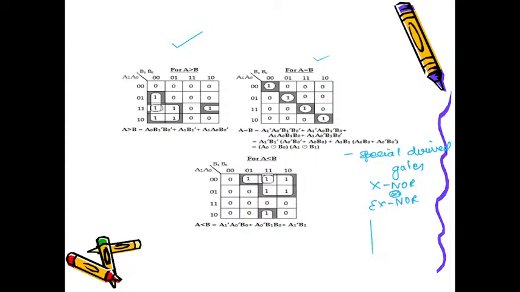You know the truth table of the XNOR. When the two inputs are 0 0, 0 1, 1 0, 1 1, this is the truth table of your XNOR gate. Y is high when both signals are the same. And if you have different inputs, then the output of the XNOR gate is 0. So this is the truth table of your XNOR.